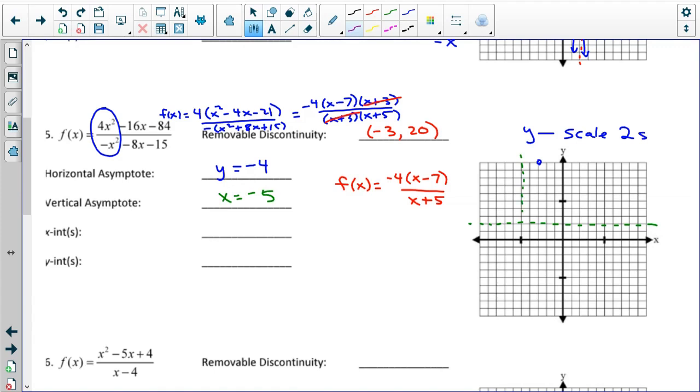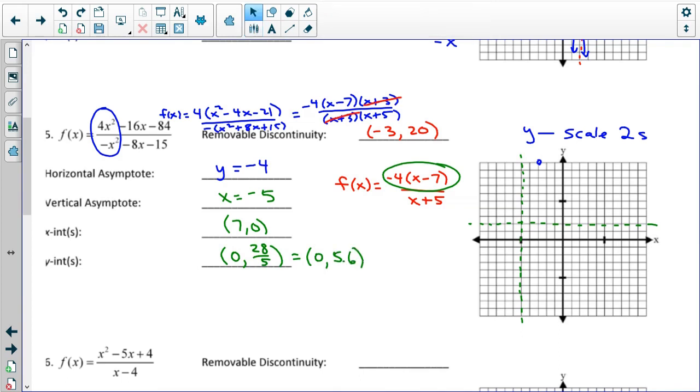So once again, remember that my x scale is by 1's here. So x equals -5 looks like that. X-intercepts are where only the numerator equals 0. So that's at 7 comma 0. And then the y-intercept is what happens when I substitute 0 in for x. So when I substitute 0 in for x, I get 28/5, or you could write that as a decimal if you want, 5.6.